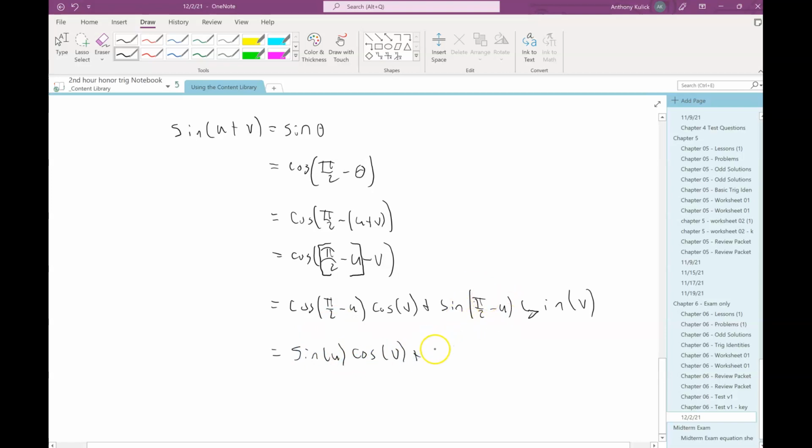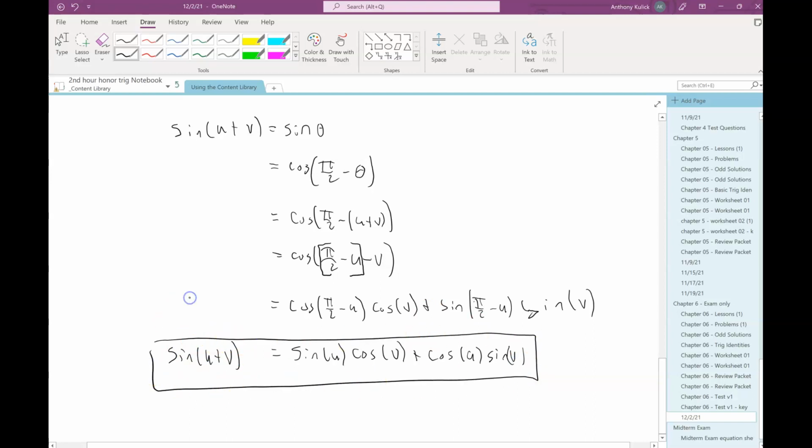And that turns into cosine u. So I have my angle sum identity for sine. To get the angle difference, I'm just going to substitute a negative v in here and then push that negative through. You'll end up with the same thing.